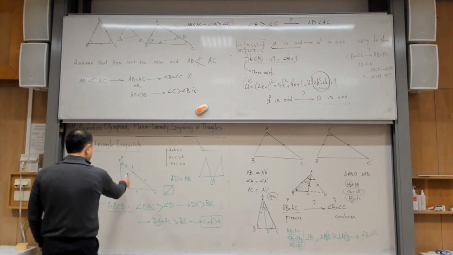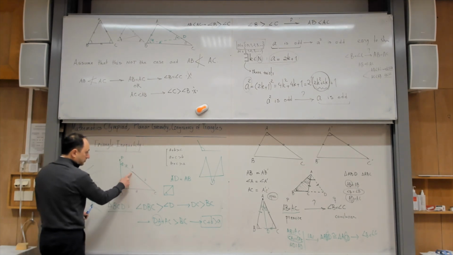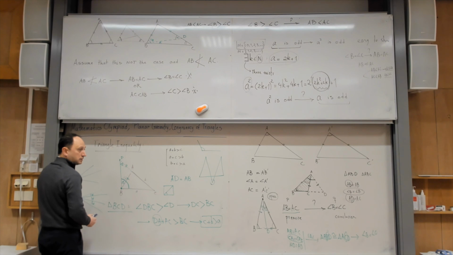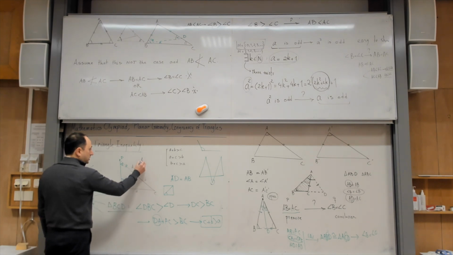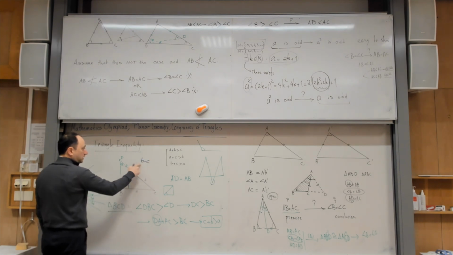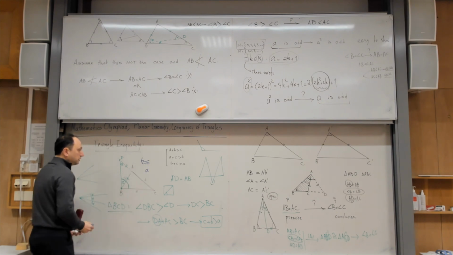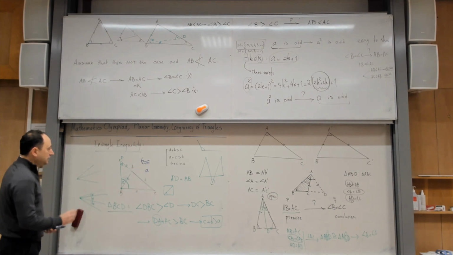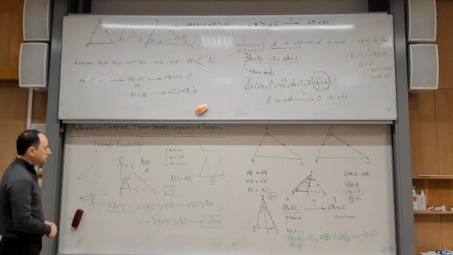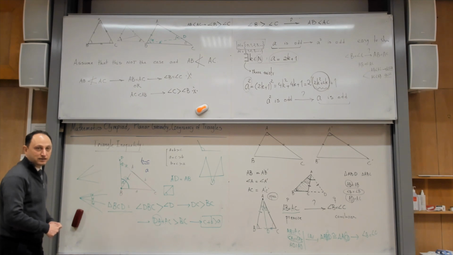So for example, in this picture, apparently B is longer than C. My question is, if I subtract C from B and compare this number with A, what do you think? Is there any nice relation between these two numbers, or does it depend on the situation and the details of the shape?